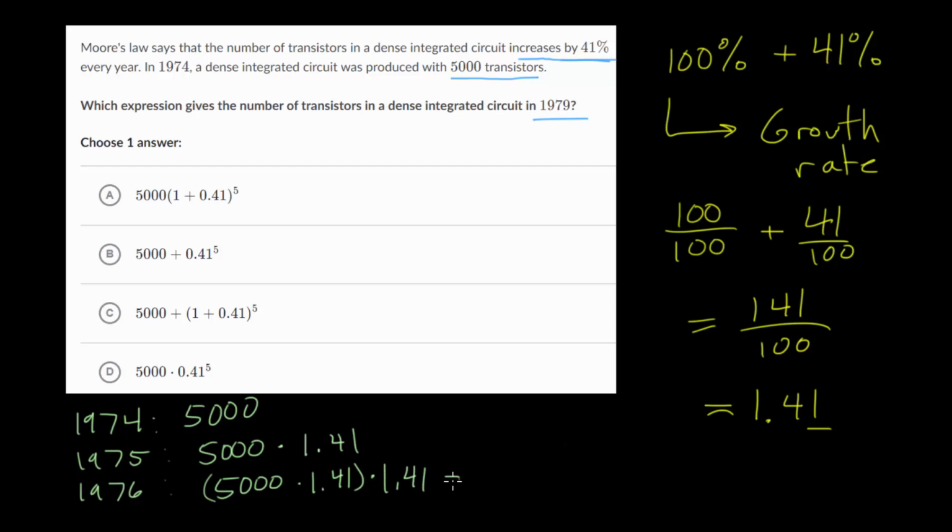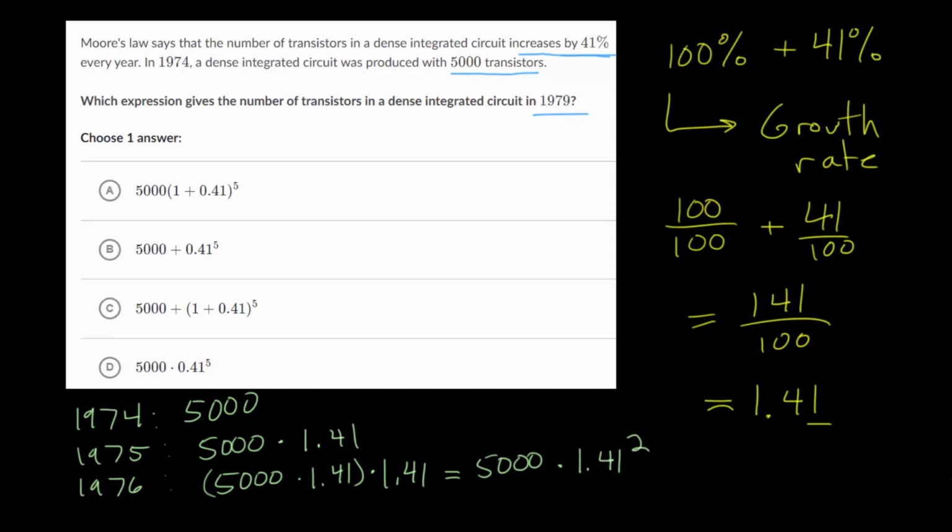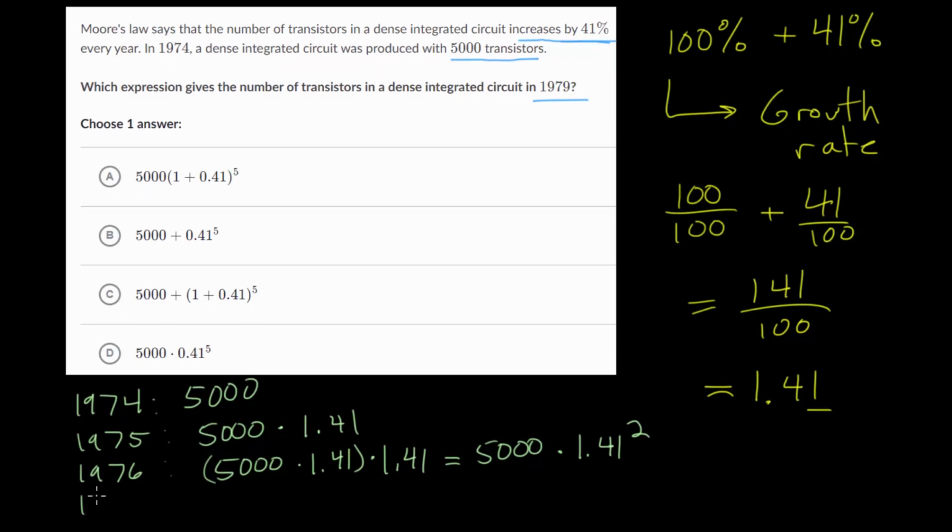Or in other words, after 2 years, we have the initial amount multiplied by that growth rate squared. And you can see this pattern continues. Let's just look at one more year here, and then we can generalize. So 1977, you take the previous year's amount, that 5,000 multiplied by 1.41 twice, and we're going to multiply this again by our growth rate since it's again increasing by 41%.